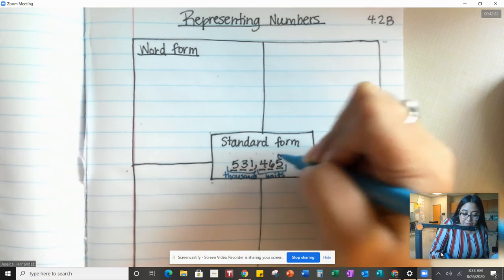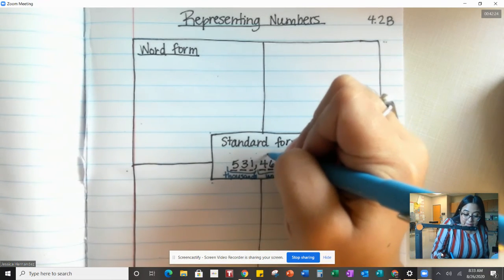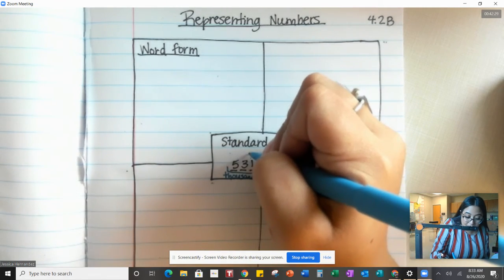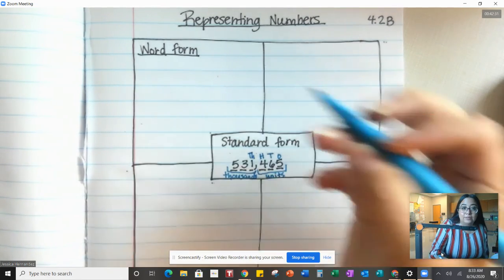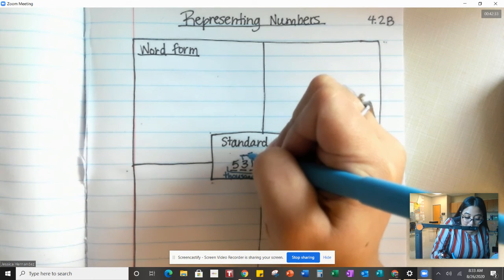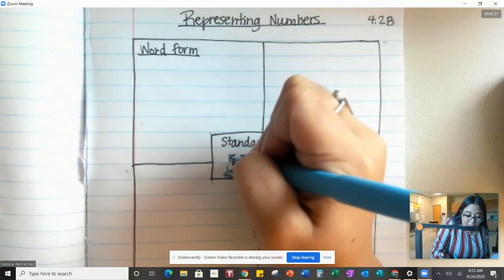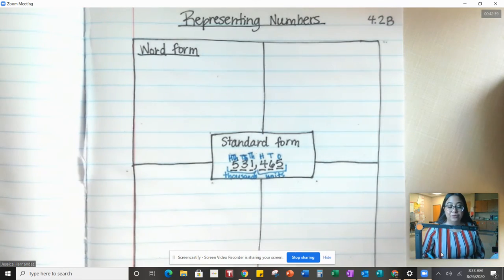So this place would be the ones place, tens place, hundreds place, thousands, 10,000s, and 100,000s.